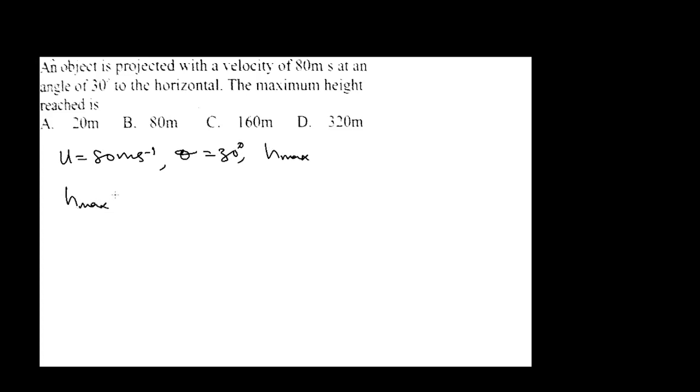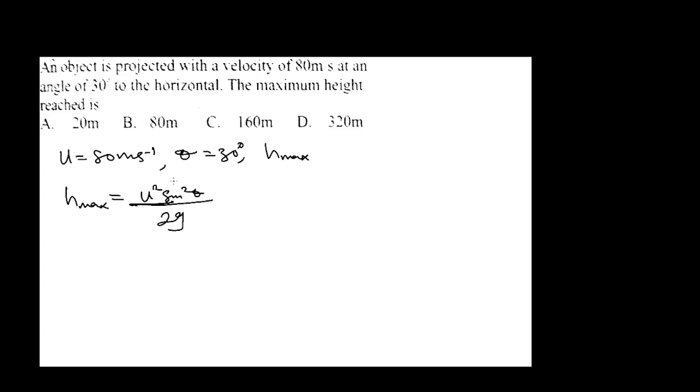H max is equal to u square sine square theta all over 2g. So we have u square sine square theta over 2g. So that is the formula to calculate the maximum height of a two-dimensional projectile.